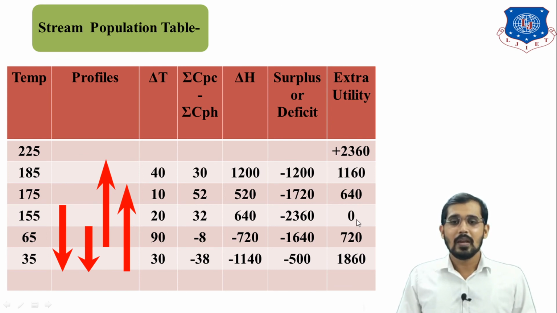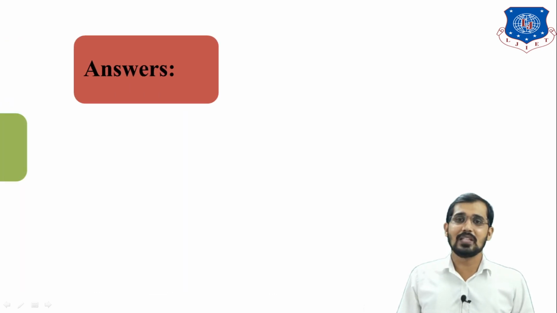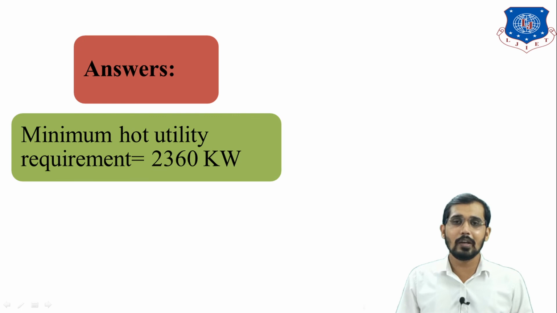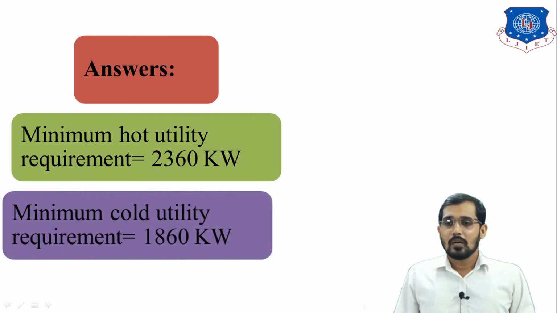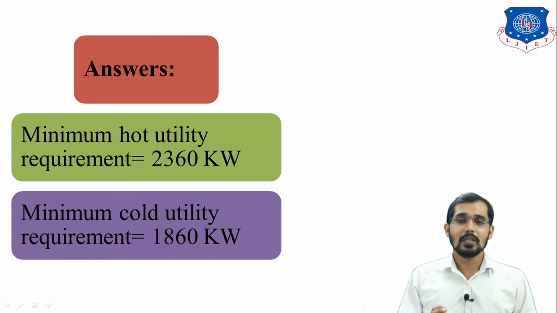You can see here, this 0 value is nothing but your pinch value, and corresponding to this is your pinch heat, and the corresponding temperature is the pinch temperature, that is 155 degrees Celsius. And this heat, that is plus 2360, is your minimum hot utility, and this is your cold utility, that is 1860, and the pinch temperature is 155 degrees Celsius, because the corresponding heat is 0 kilowatt.